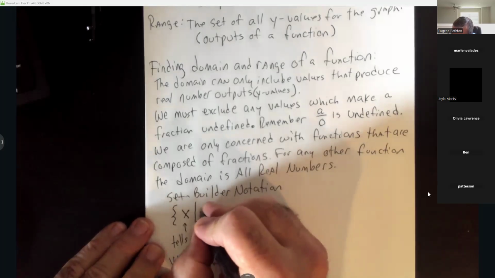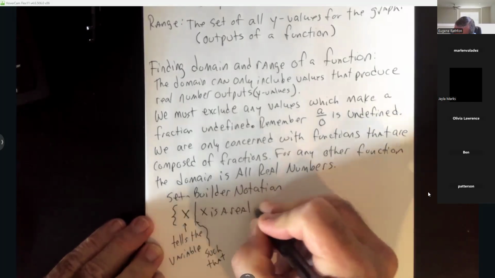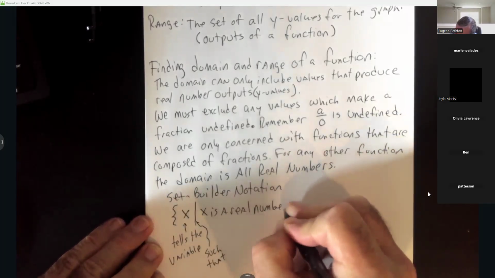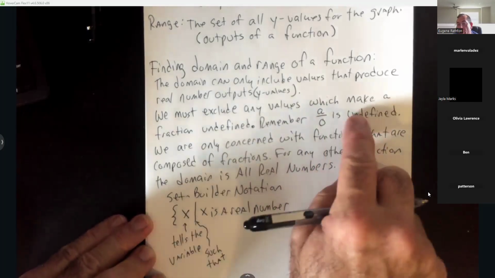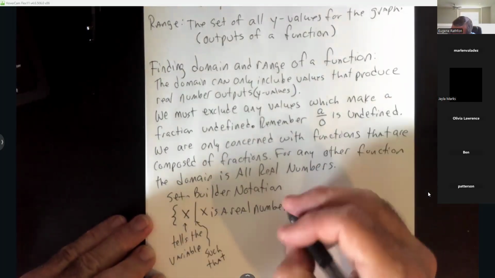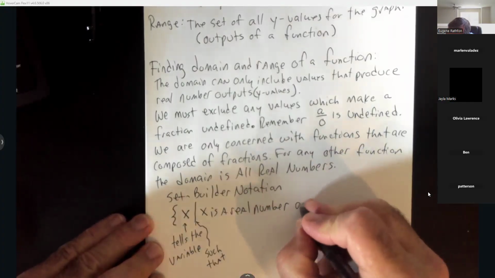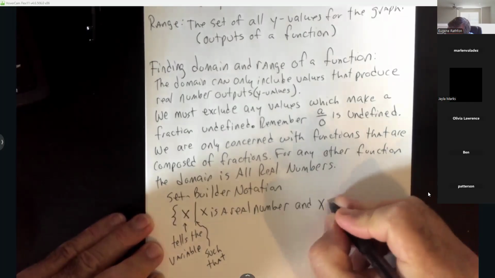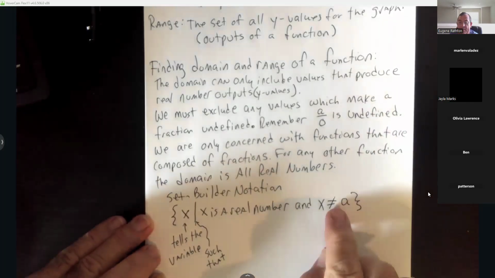So you would say something like x is a real number. If it was all real numbers, I would stop there. But if I do got to exclude a number, I would write something like this: x is a real number and x cannot equal whatever number I figured out.